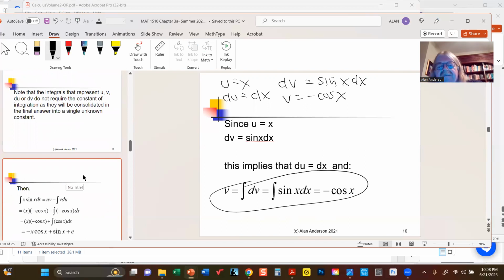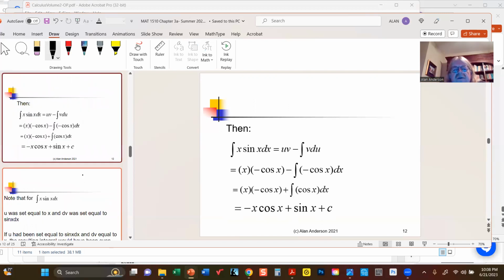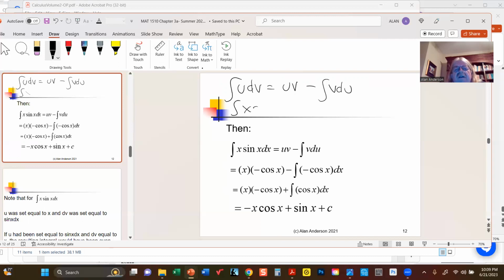Okay, here we go. So the rule again is the integral of u dv is uv minus the integral of v du. The expression we started out with was x sine x dx.